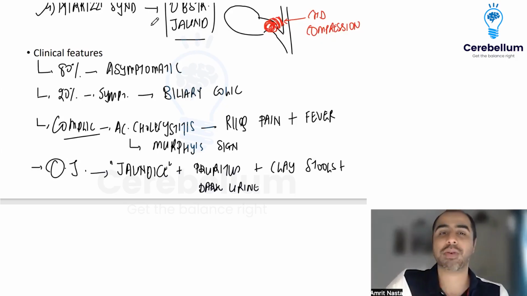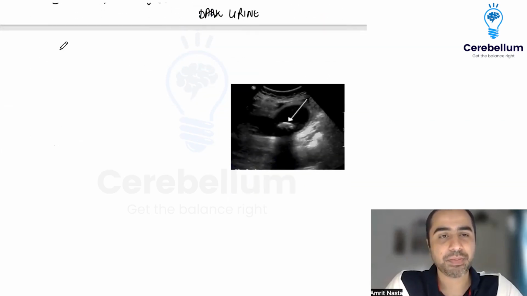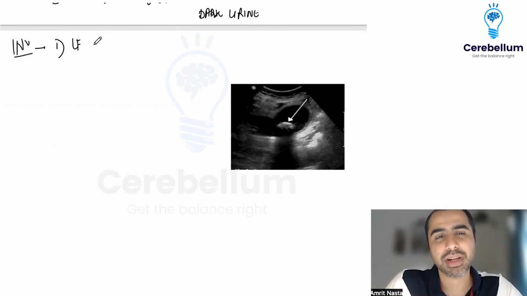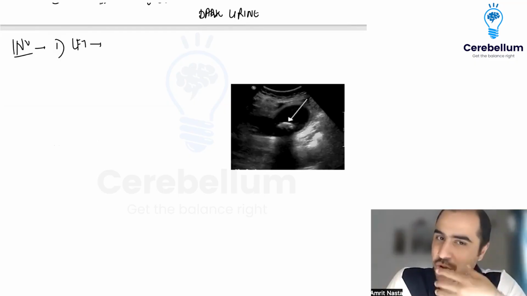Symptomatic people, what will you do first? Please remember, don't straight away jump to ultrasound. When you are going to investigate in hepatobiliary, first you will do LFT. Why are you doing LFT? You might say, sir, I want to look at gallstones, why should I do LFT? What will LFT show in gallstones?